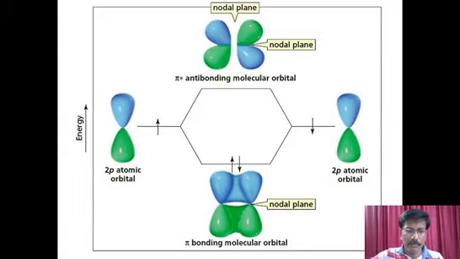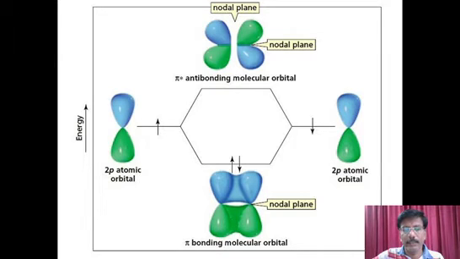You see here, for example, a p orbital is interacting again. During the interaction of a p orbital with another p orbital, definitely there is equal probability of plus plus interaction as well as plus minus interaction. That's why we expect two different molecular orbitals to be generated. One is at a lower energy level, which is called bonding, and another is at a higher energy level, which is called anti-bonding.